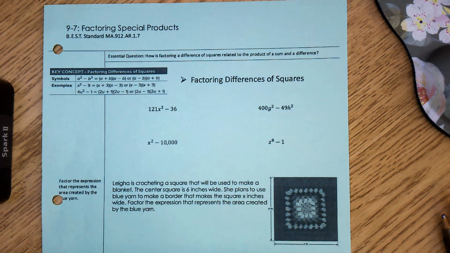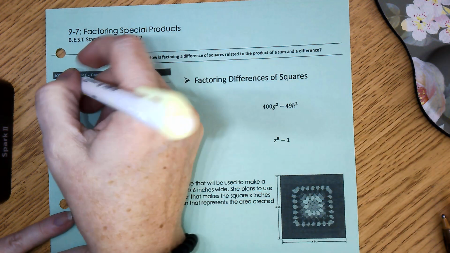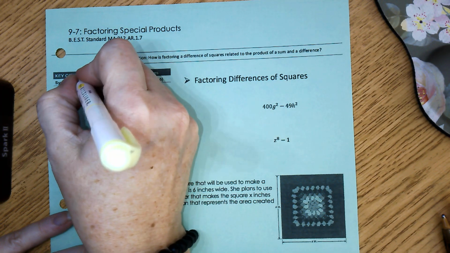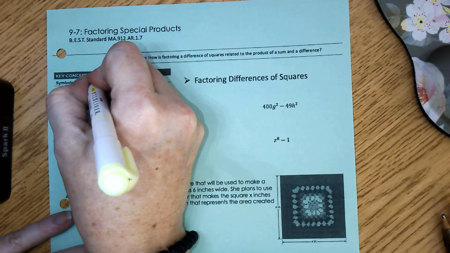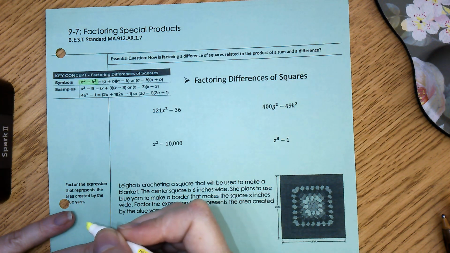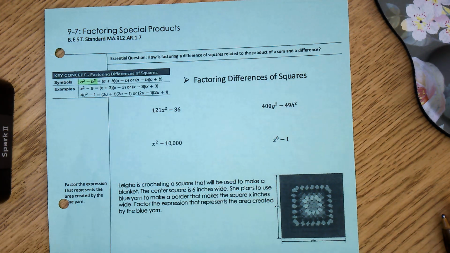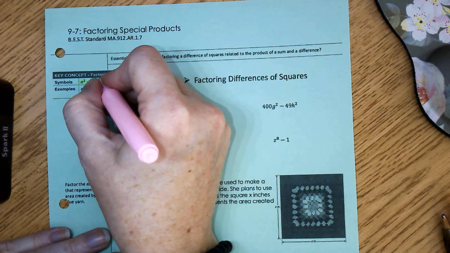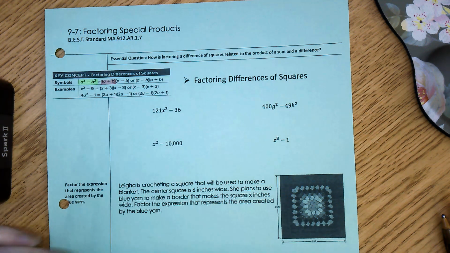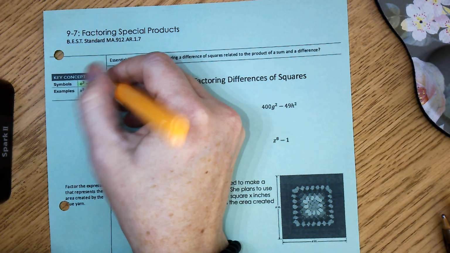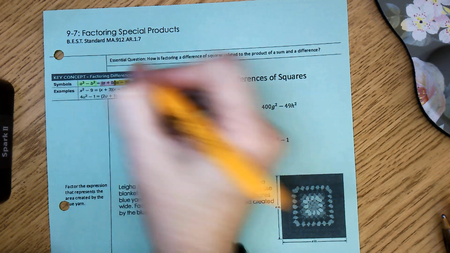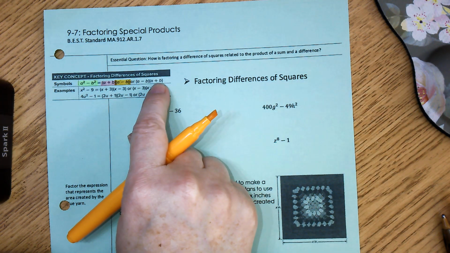When you have a binomial that's a squared minus b squared, you can break that up and factor it into a plus b and a minus b, or a minus b and a plus b.